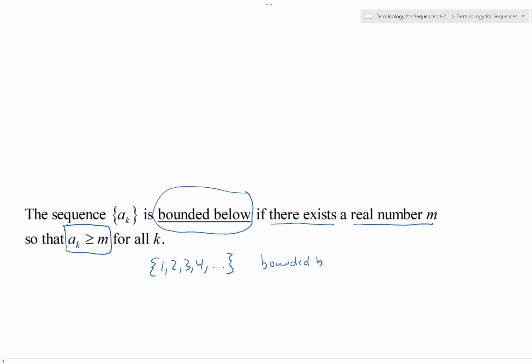Why? Because here a sub k is k. That's the explicit formula for the terms, and that's always bigger than or equal to 1 for all k. Hence that 1 there, that's your little m, that's your lower bound, as we would say. And so this sequence is bounded below.